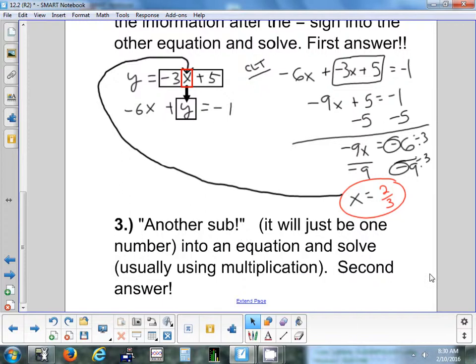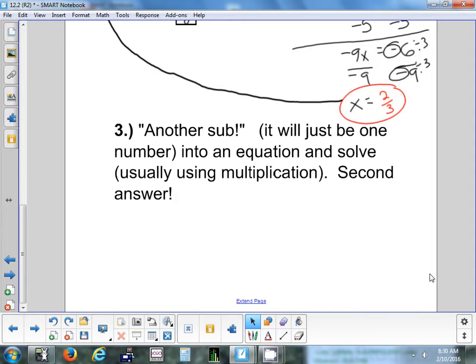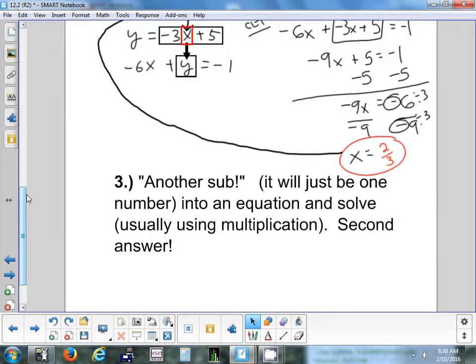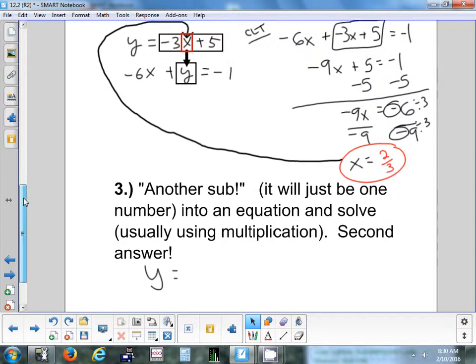All right? So, look at that top equation and look at what I solved for. I'm going to start with y equals. Alexis, do you have any idea what the rest of that equation might look like?